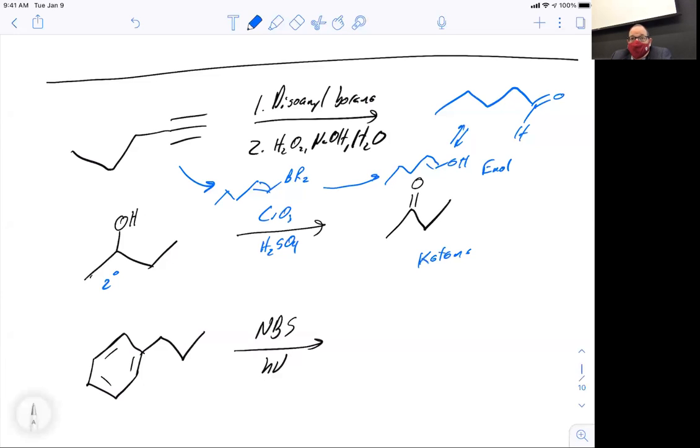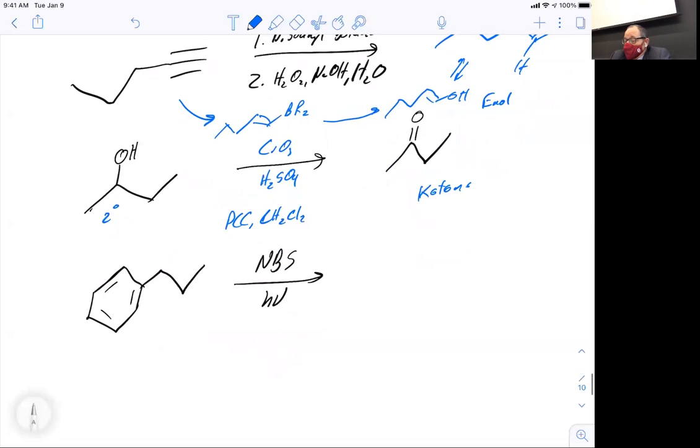We also, because this is a secondary going to a ketone, could have used PCC reagent and methylene chloride. So that's pyridinium chlorochromate. So any of those three chromium-based oxidants could give me this product.